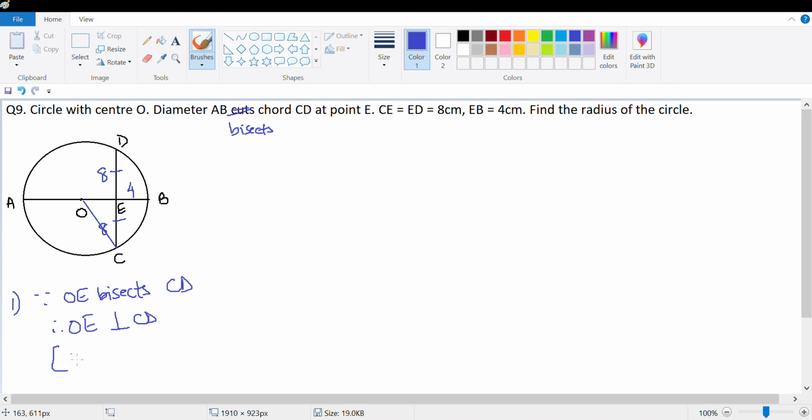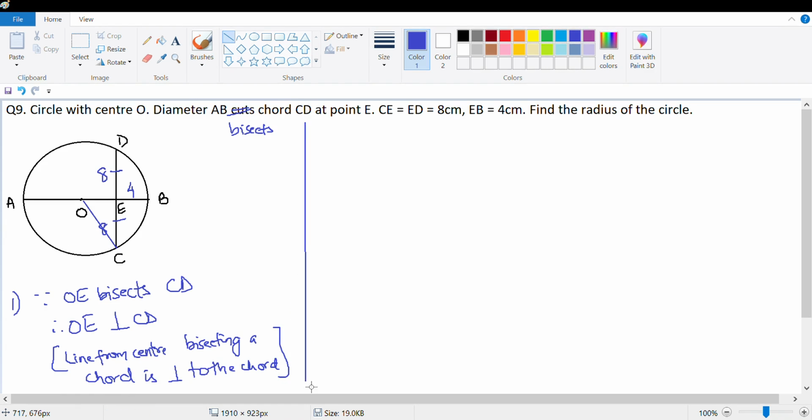The reason for this is that a line from the center bisecting a chord is perpendicular to the chord. So that's the reason, which means now I have a right angle triangle. So in the right triangle OEC, I can mark this as 90 degree.